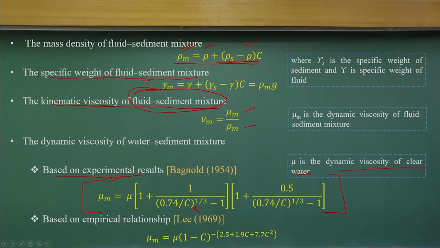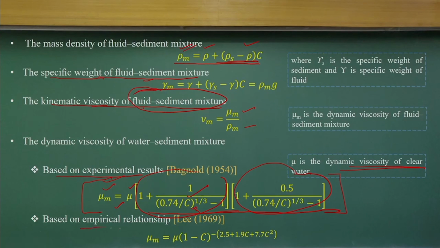As the sediment concentration changes, the kinematic viscosity of the fluid and sediment mixture changes, and experimentally it follows a function of mu, the dynamic viscosity of clear water, with a multiplying constant which is a function of capital C.